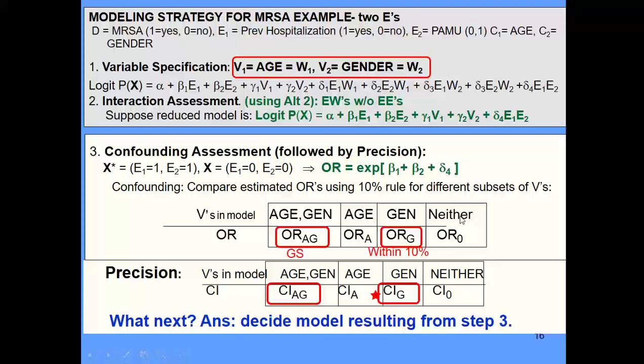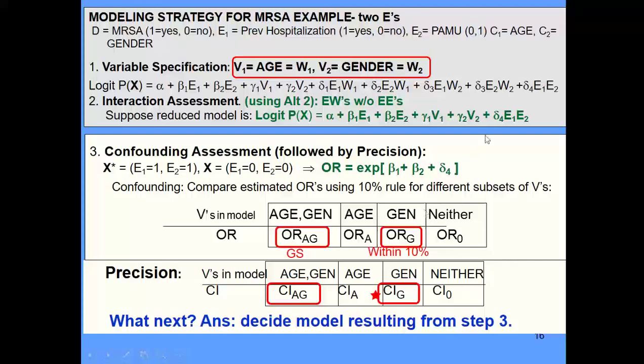And I'm basically saying suppose it turns out, just as it happened for alternative 1, that for alternative 2 the only model that controls for confounding is the one that drops age. So these are the only 2 models, the gold standard and the one that drops age.